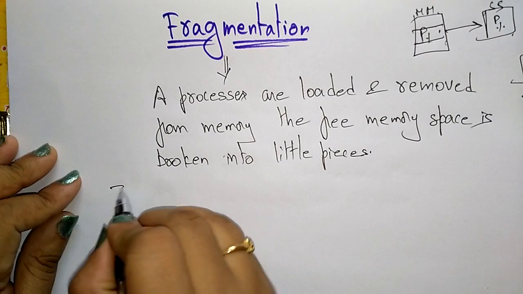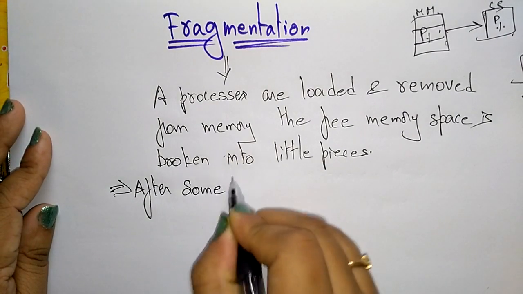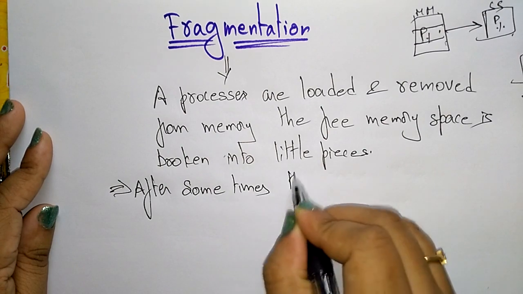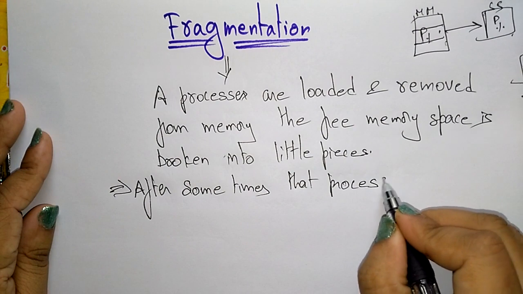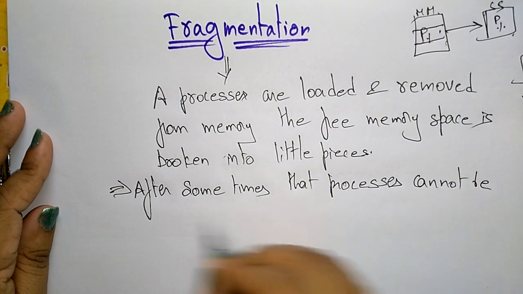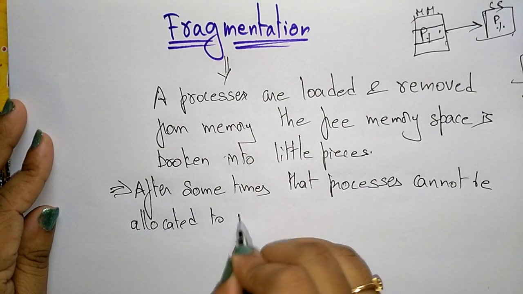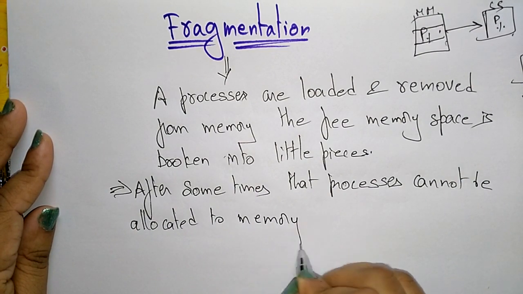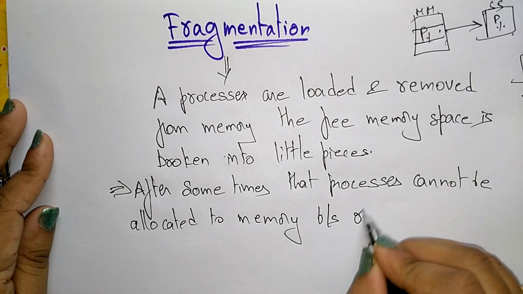After some time, the process that we removed from the main memory cannot be allocated to memory because of small size.